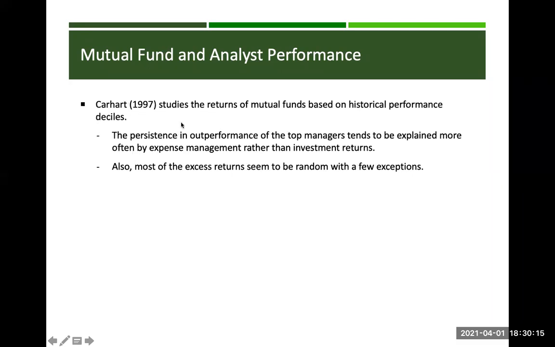So this one paper studies the returns of mutual funds based on historical performance deciles. So the top 10%, 80 to 90 percentile, all the way down to the first 10%, the 10% worst.